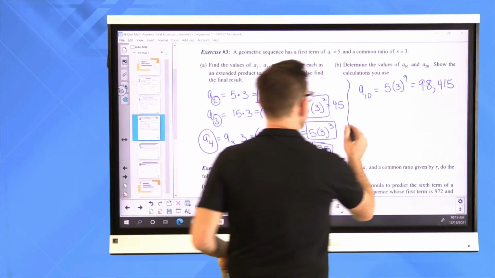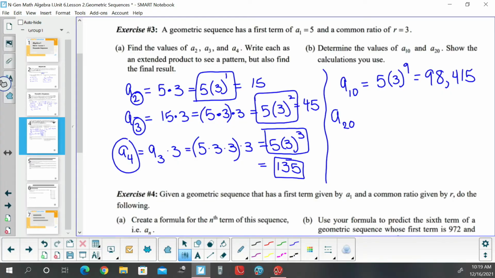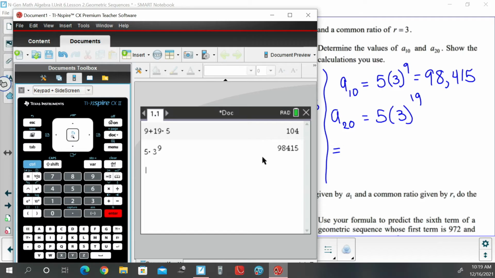But, of course, A20 is now going to be 5 times 3 to the 19th, and I might as well get ready for how big this thing's going to be. All right, 5 times 3 to the 19th. Oh my, oh geez. I don't even know if I want to write this down.